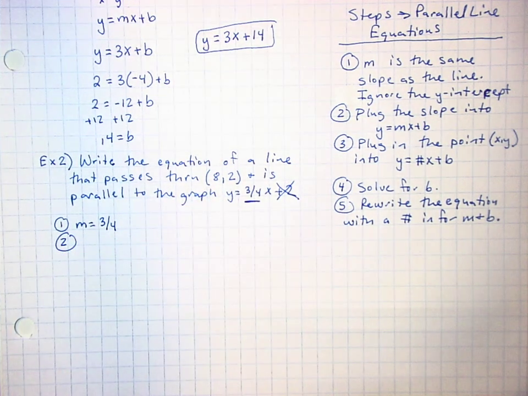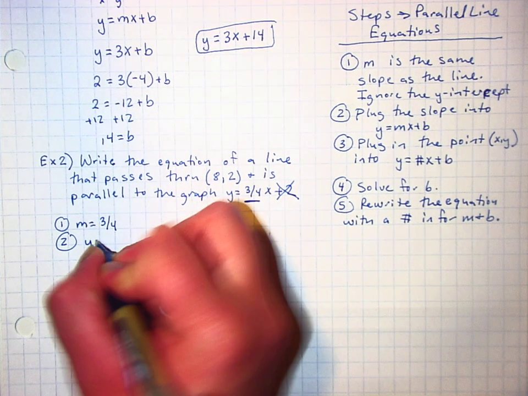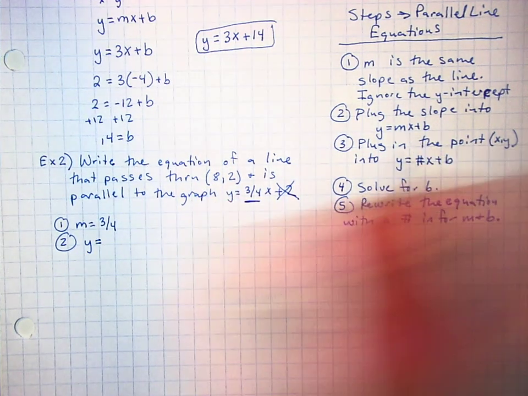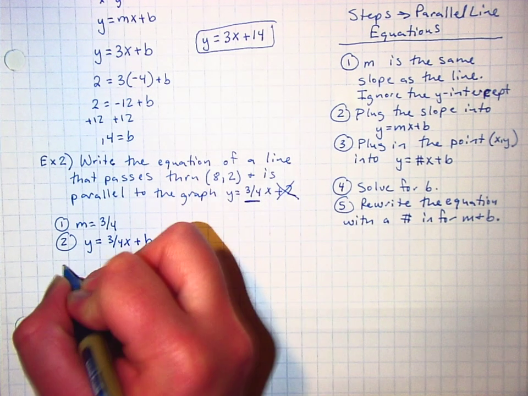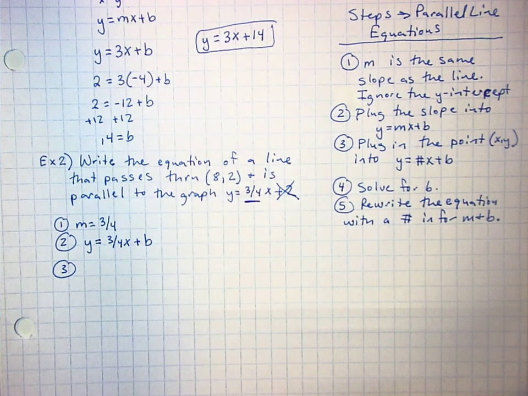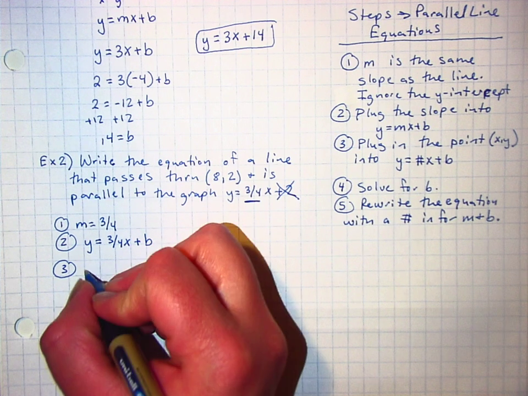Step 2, plug the slope into the y equals mx plus b equation. Okay, so it's m, so I'm going to put it in right there. Step 3, plug in the point into that equation.